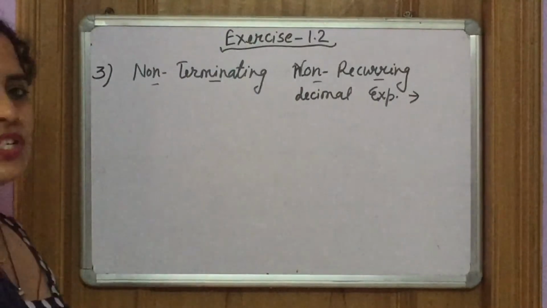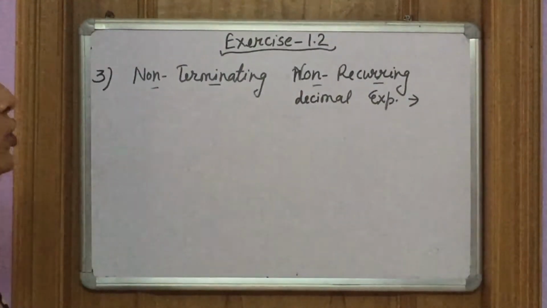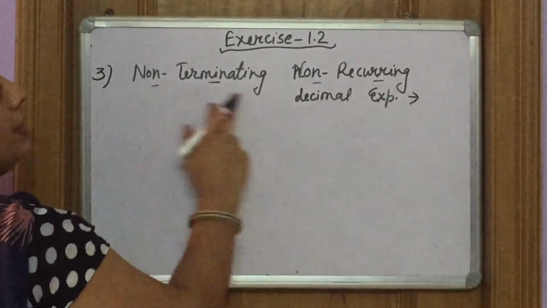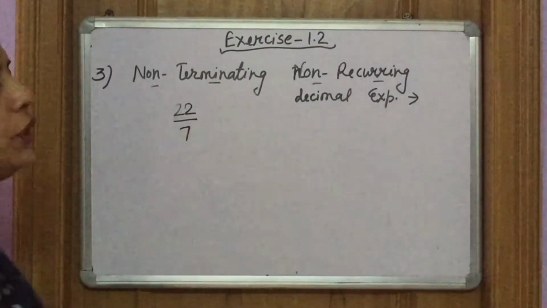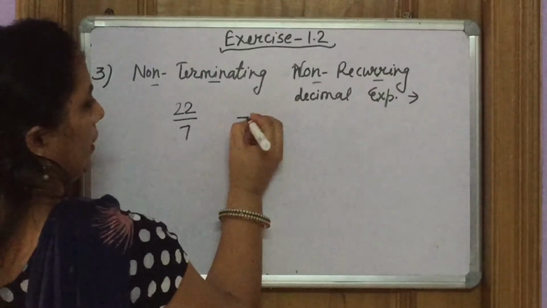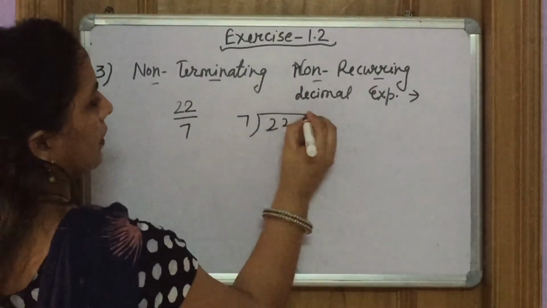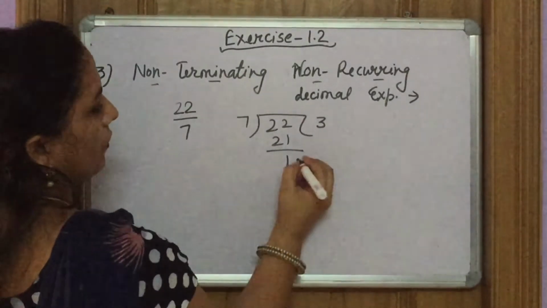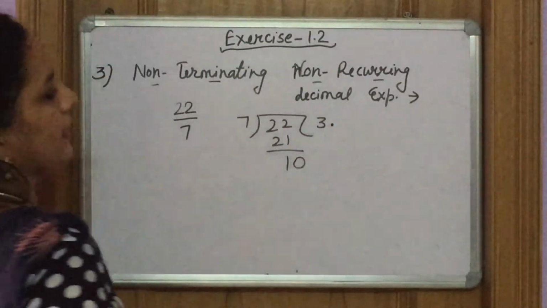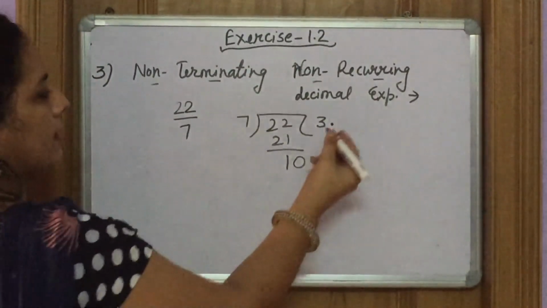So to check rational, we have two conditions, and to check irrational, we have just one condition. For example, if we divide 22 by 7, first step is 3, then 21, remainder 1. We can't divide it, so we take 0 and put a decimal in the answer.